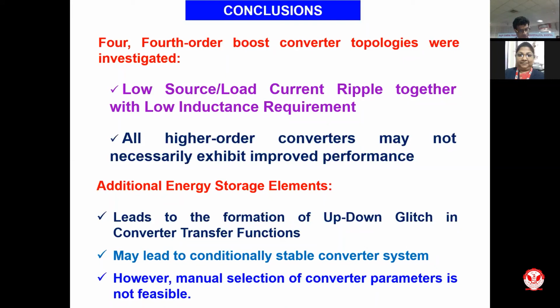So that needs to be kept in mind while designing. Higher order converters are always a solution for increasing, but it needs to be validated how far it is serving your purpose. And these concepts can be extended for multi-port converters, bidirectional converters, even the buck converters or the buck boost converters as well.